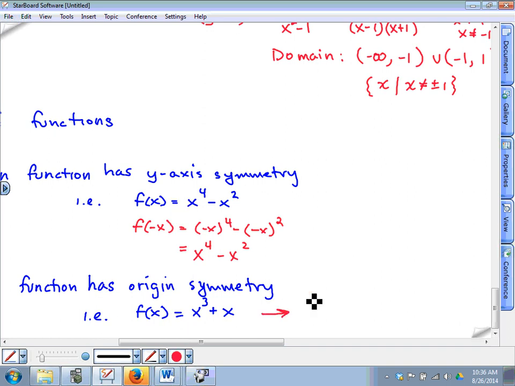This will be an odd function because if we test what happens to f of negative x, if you replace all the x's with negative x, you end up with the exact opposite of what you started with, negative f of x. That's an odd function.